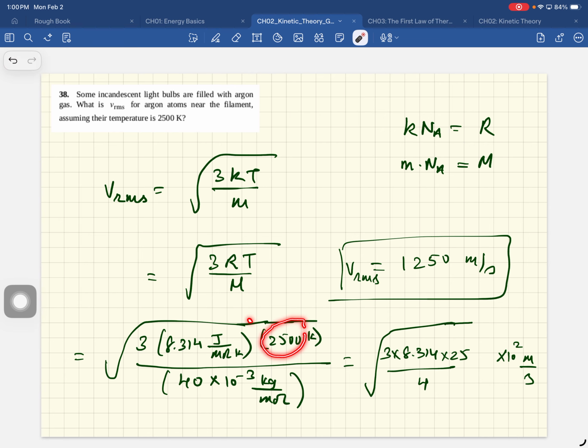Okay. So Ni over N equal to Pi over P. So partial pressure of carbon dioxide is 470 pascals.